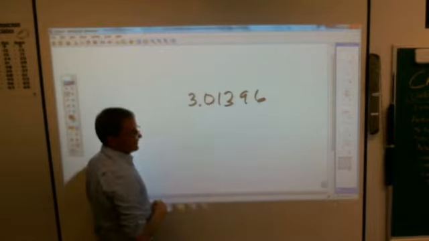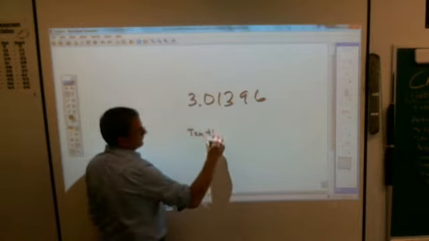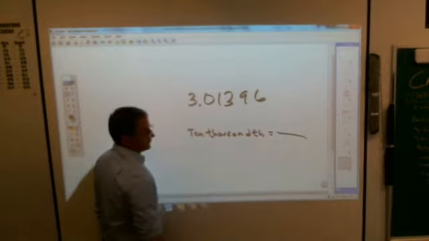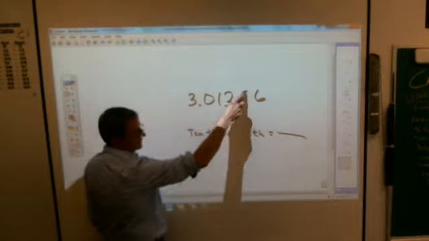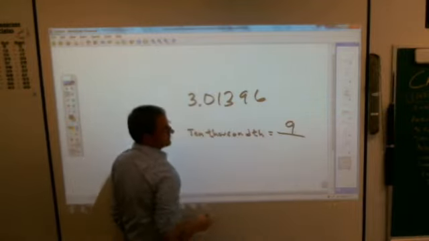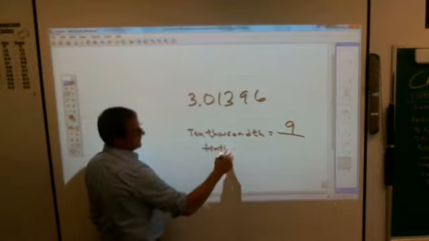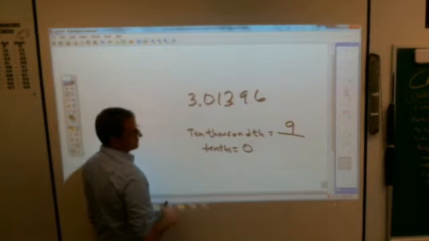3.01396. And they'll ask you what digit's in the 10,000ths place. And you just need to make sure that you have your place value chart. This is the tenths, the hundredths, the thousandths, the 10,000ths place. What digit's in the tenths place? The tenths place is a 0.